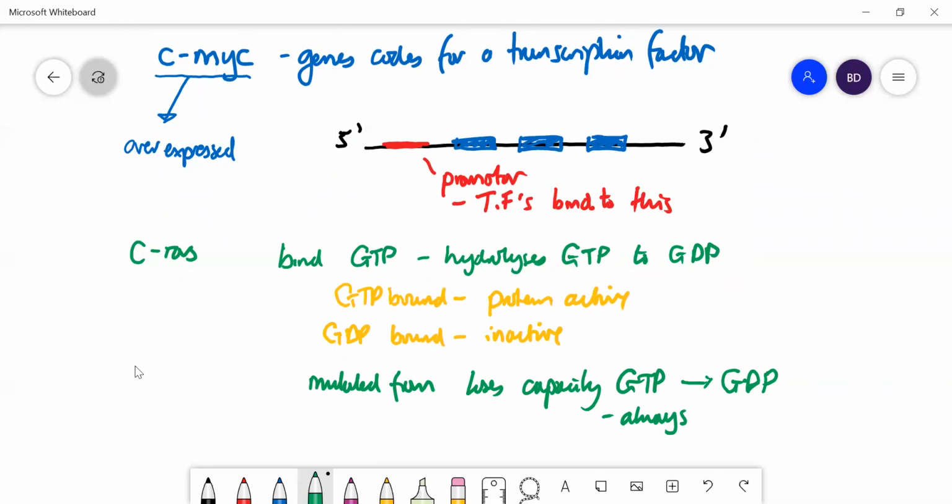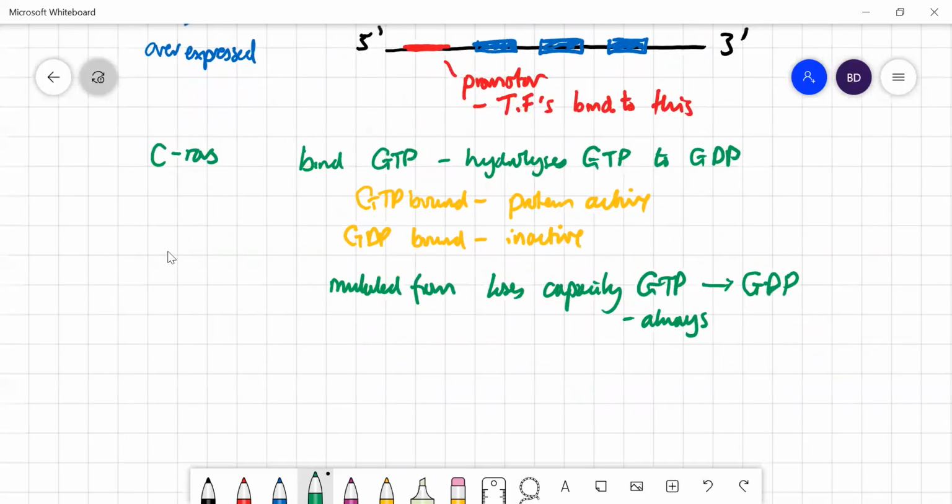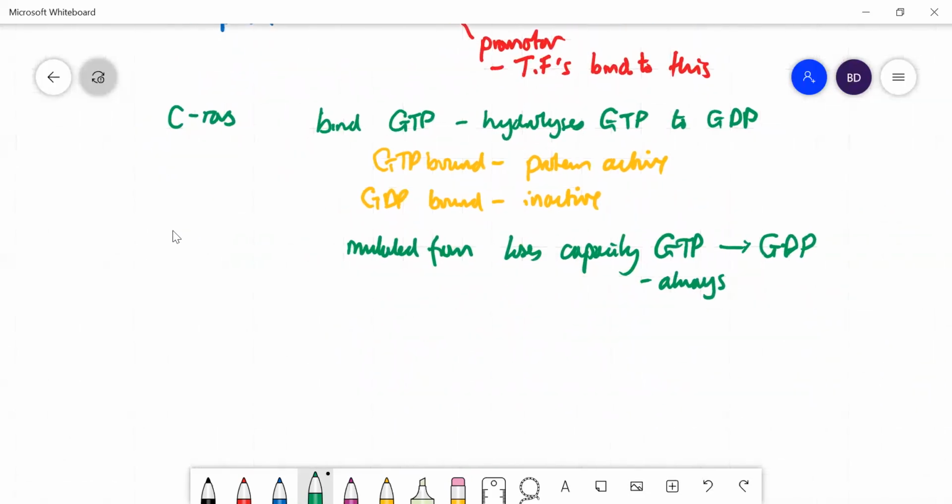And one last one, another oncogene. The normal version of this oncogene codes for the receptor for epidermal growth factor, which is called EGF.